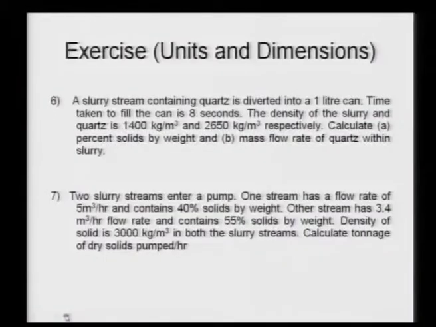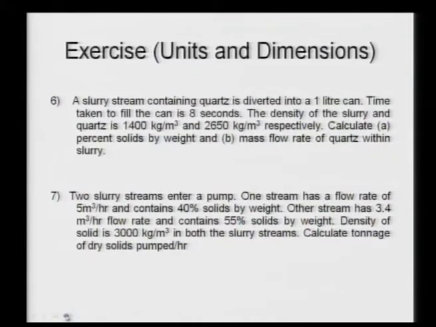Problem 7. Two slurry streams enter a pump. There is a pump and two slurry streams enter into it. One stream has a flow rate of 5 meter cube per hour and contains 40% solids by weight. The other stream has 3.4 meter cube per hour flow rate and contains 55% solids by weight.